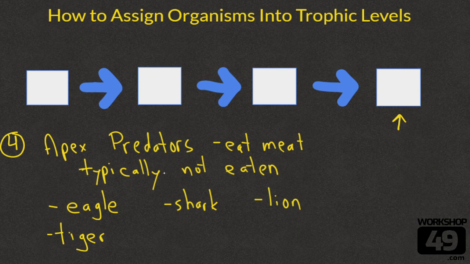We might even consider this tiger for the third trophic level if you ask yourself, a tiger eats meat. That's true. But does a tiger typically live in fear of being eaten by other organisms? A tiger doesn't. And sometimes you have to know a little bit about the organisms to understand whether it's in the second, third, or fourth. But a tiger doesn't live in fear of being eaten all the time, which would place it into the fourth trophic level, which makes it an apex predator.